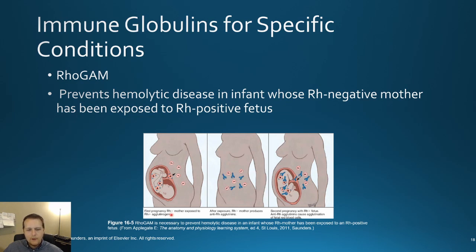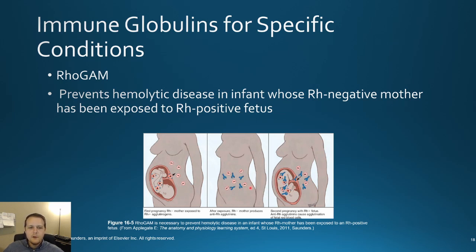There's a disease state called hemolytic disease of infants, where if you have a pregnant patient who is Rh negative, so she has, say, O negative blood, and she becomes impregnated by someone who has positive blood, and the baby's positive, well, the mom could potentially form antibodies and attack that baby. Maybe not the first baby, but perhaps with the second pregnancy, they can attack all the red blood cells in that baby, leading to potential fetal demise.